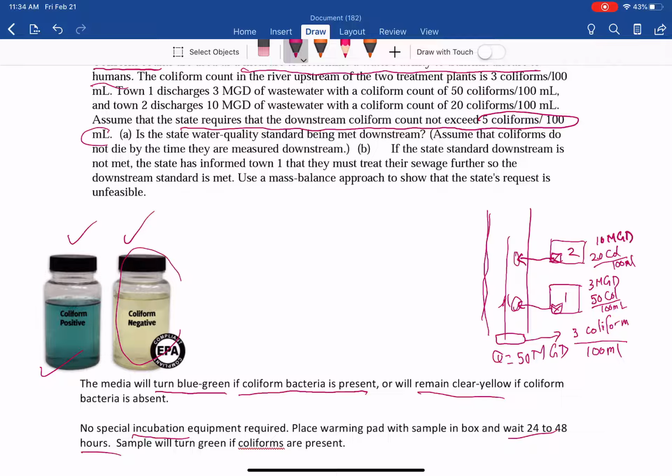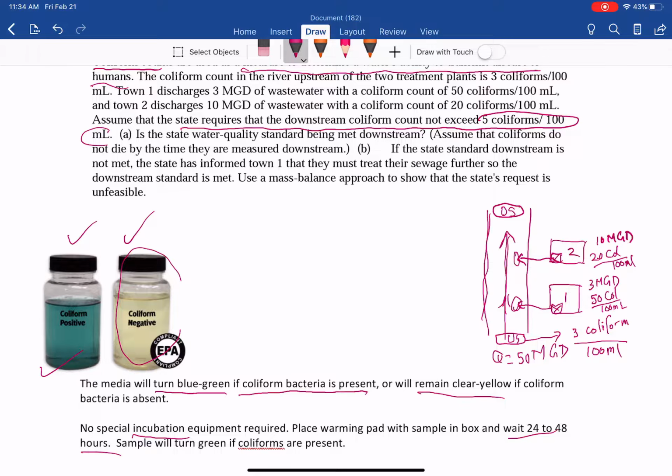Is the state water quality standard being met downstream? This is downstream here. Upstream, and the water is moving that way, from upstream to downstream. Now let's check if there is a violation or no violation.